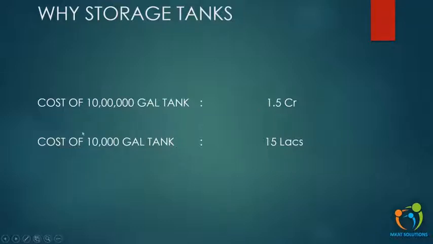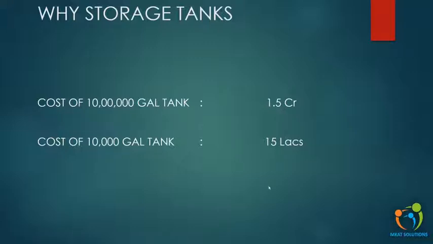And if I have a 10,000 gallon tank, that will cost me approximately 15 lakhs. So see how much the capacity has multiplied here, 100 times, right? 10 lakh gallons and 10,000. But the cost is only multiplied by 10 times.